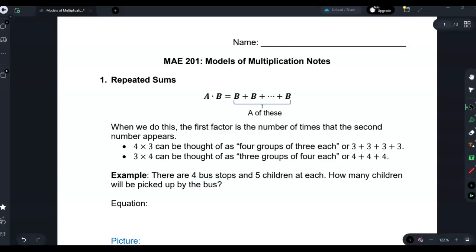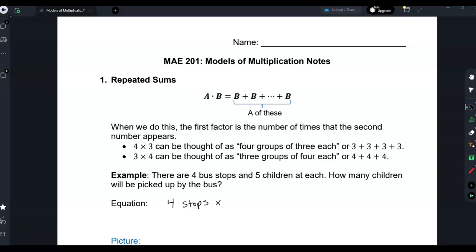So when I write my setup equation for repeated addition or repeated sums, again, my first number is the number of groups. So like 4 groups, but in this case, I'll say bus stops, right? And then I would multiply that by the number of objects per group, which means you're always going to have that word per in your units on the second factor in your multiplication for this model.